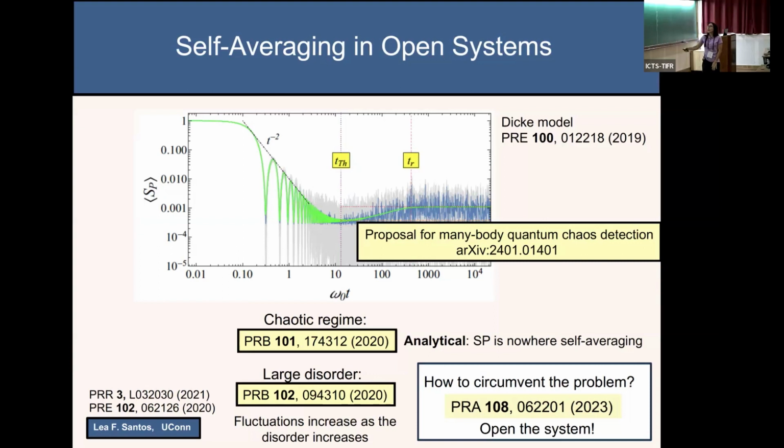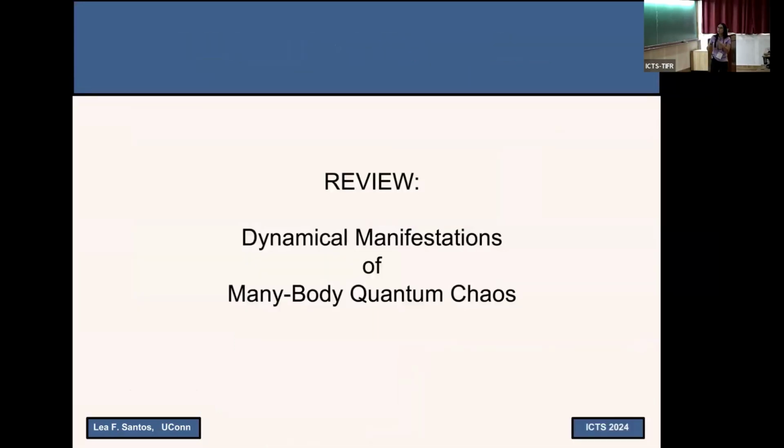The problem of lack of self-averaging is something that we've been doing with Adolfo Del Campo: to reduce those fluctuations, open the system to the environment. So these are the two works that I'll come back to at the end of the talk. So now I start with this long review, as I told you.